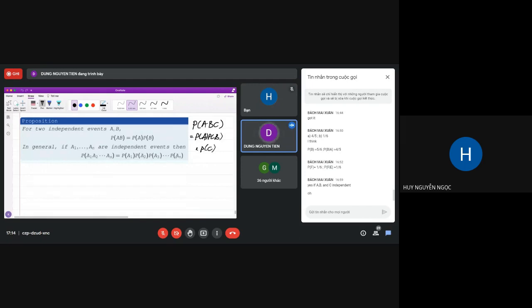Does that make sense? For many independent events, we need them to be mutually independent.